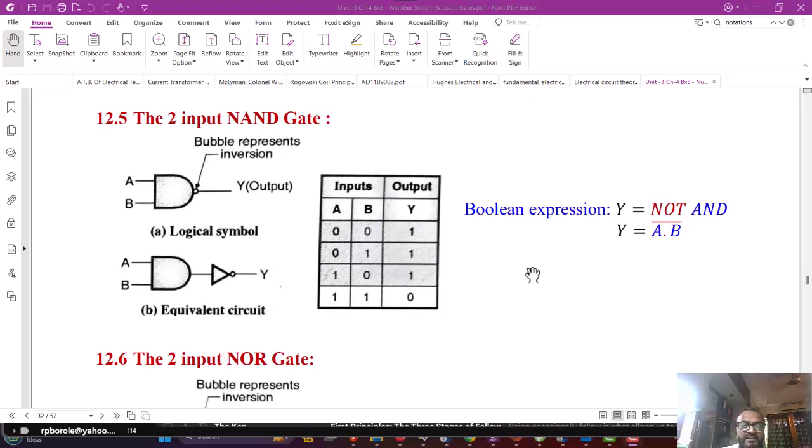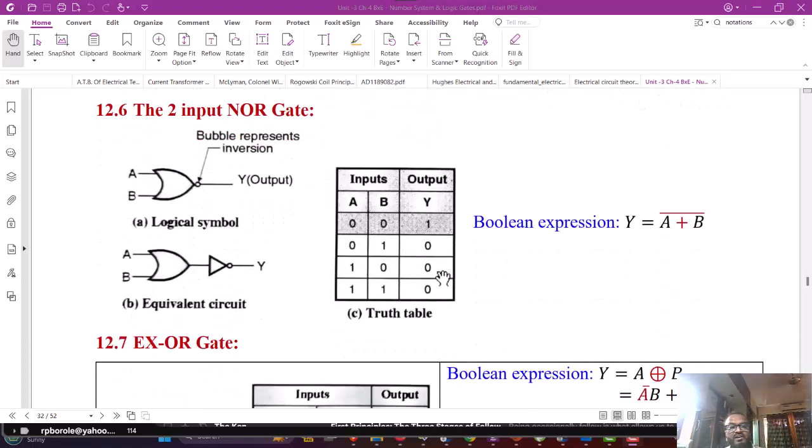So we can summarize the operation in the truth table in a single line as the output of the NAND gate is logic 0 when both the inputs are in the logic high state. When any of the input is low, the output of the NAND gate is in the logic 1 state.